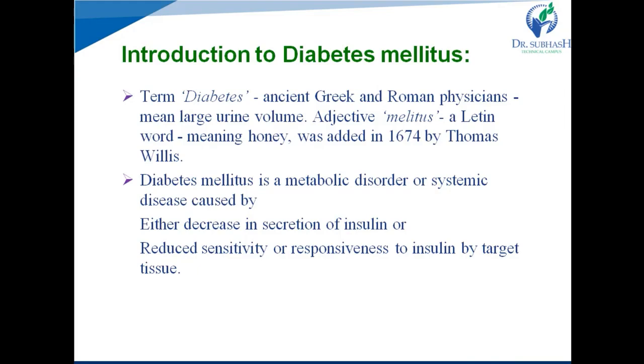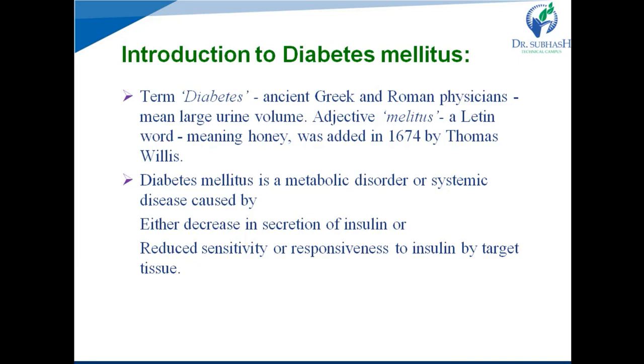What is diabetes mellitus? It is a metabolic disorder or systemic disease caused by either decreased secretion of insulin or reduced sensitivity or responsiveness to insulin by target tissue.